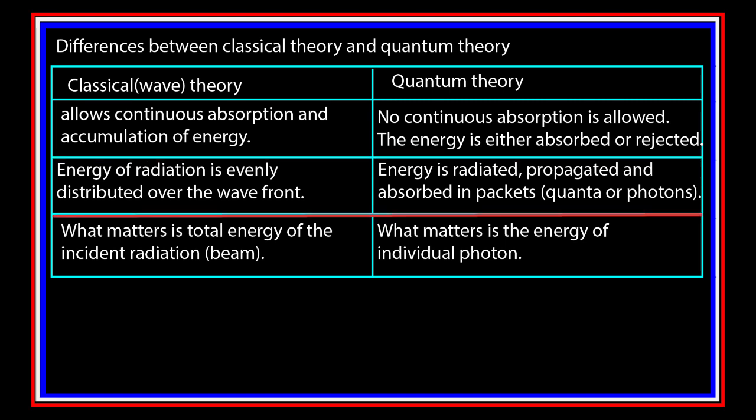In classical theory, the energy of a radiation is evenly distributed over the wave front. In the quantum theory, energy is radiated, propagated, and absorbed in packets called quanta or photons.